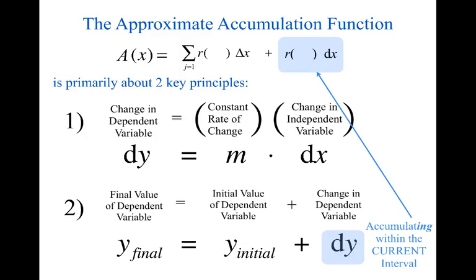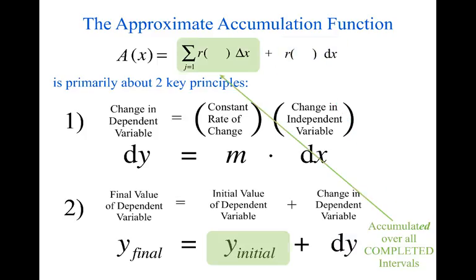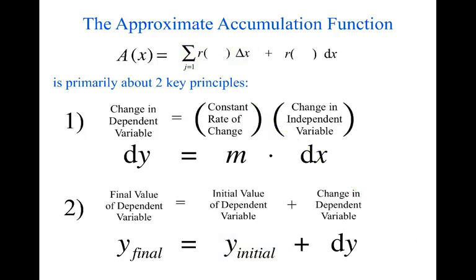Just think of x starting at a and increasing through these intervals. At any value of x, you have all the accumulation from the completed intervals, which we could say is y initial, that's the sum, and then a little bit more for what's accumulating in the current interval.